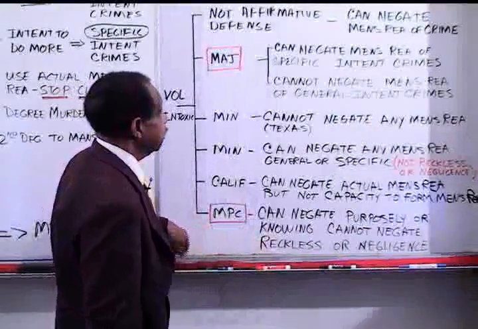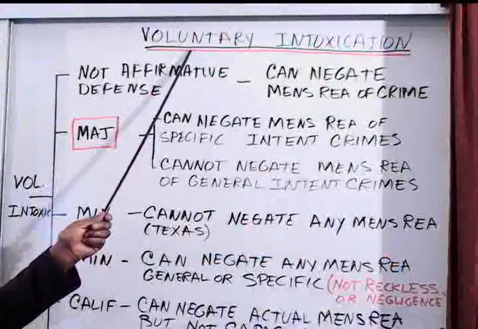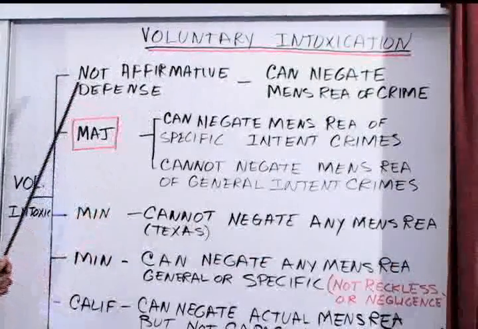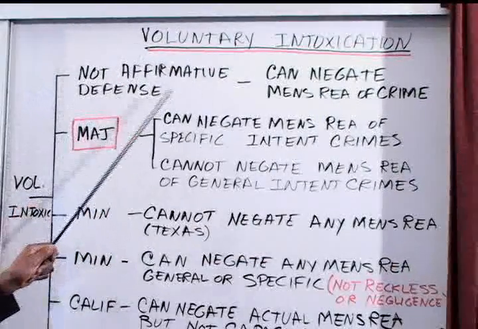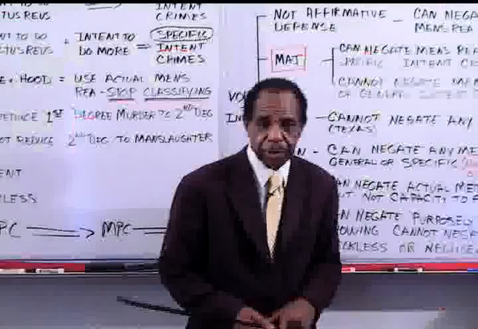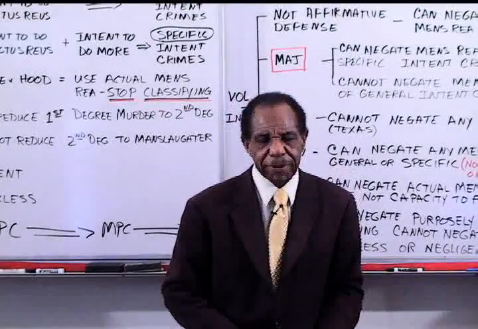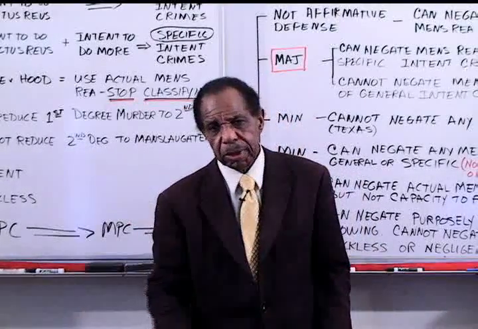Now comes the big one, which is voluntary intoxication. This is where the problem almost always is in the bar exam. First of all, voluntary intoxication is not an affirmative defense. Affirmative defenses are things where, even if you prove all the elements of the crime, if I can prove this affirmative defense, I'm home free.